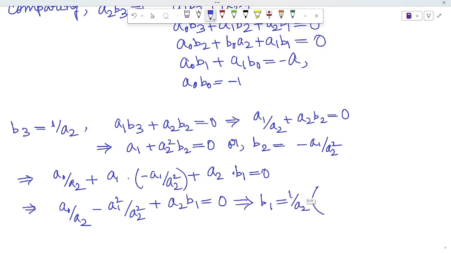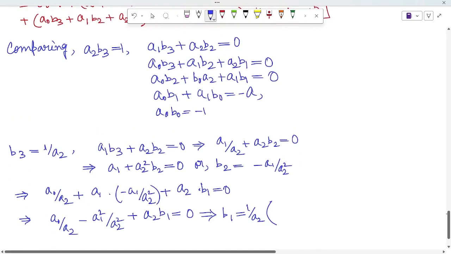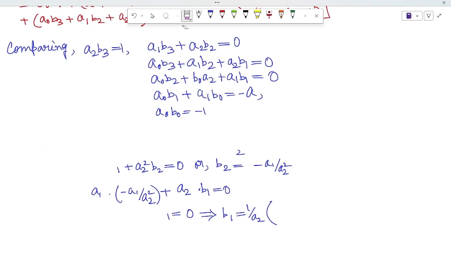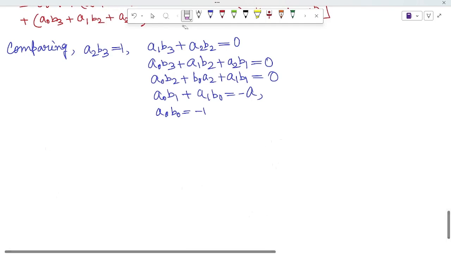So actually we can do much better here. It is a monic polynomial, right? So I can take the leading coefficients of both polynomials, A2 and B3, as 1, as unique.